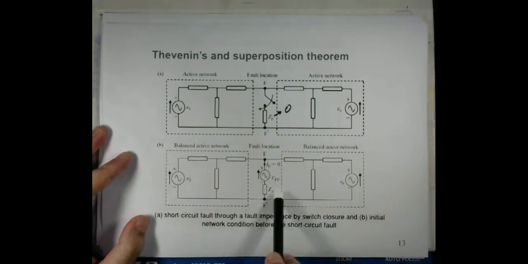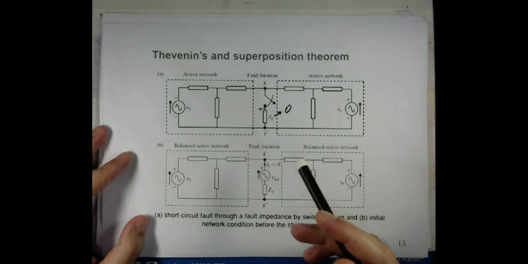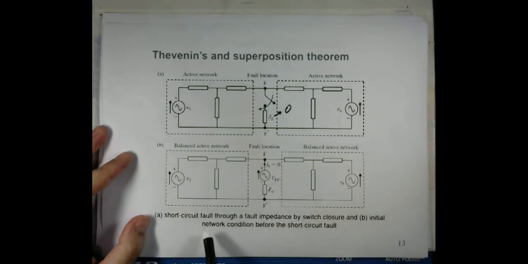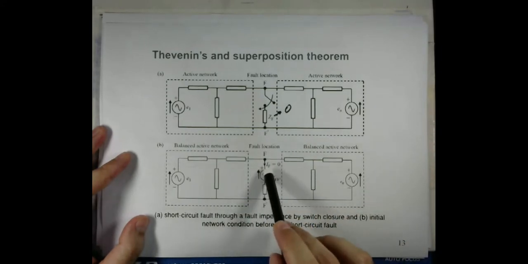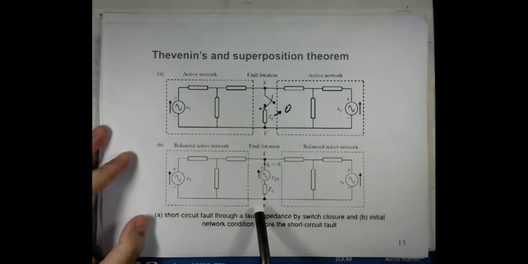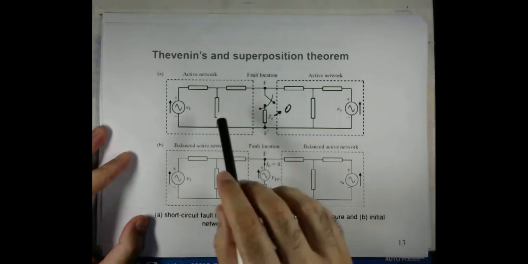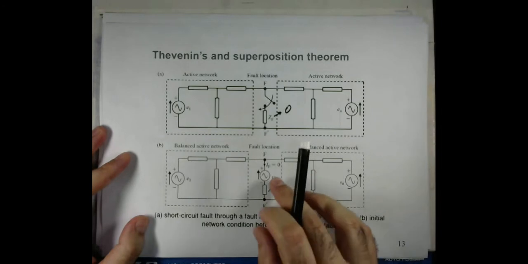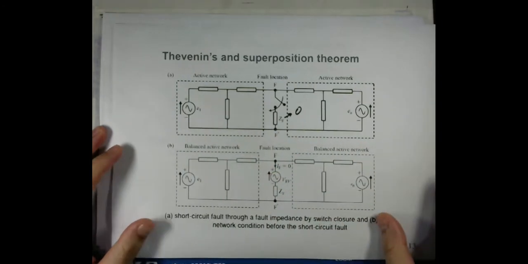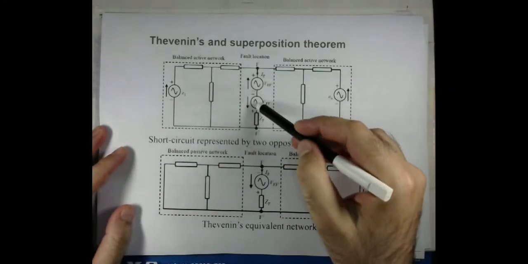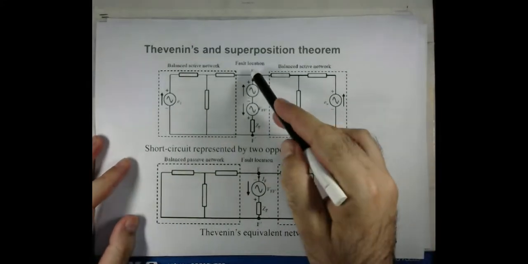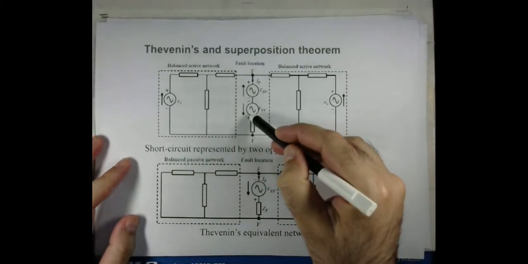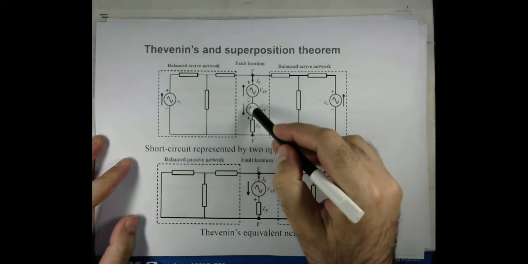The circuit shown at the bottom of this slide represents the initial condition, because then the fault current will obviously be 0. So when it is 0, it means that this branch will no more be present here, which represents exactly the condition before the fault. Then the short circuit is represented by two opposing voltage sources, meaning that this point will be in direct contact with this point, as there will be no potential difference.